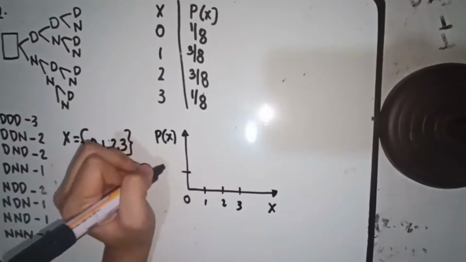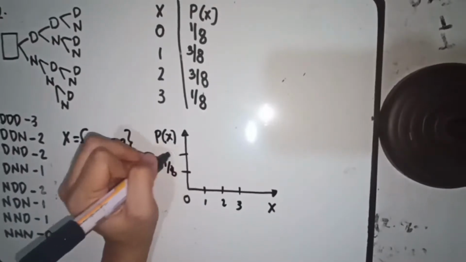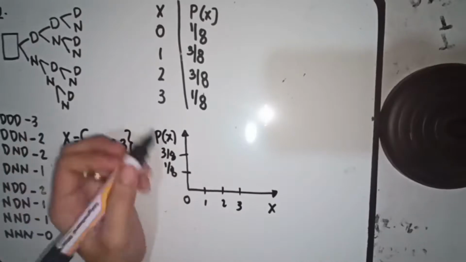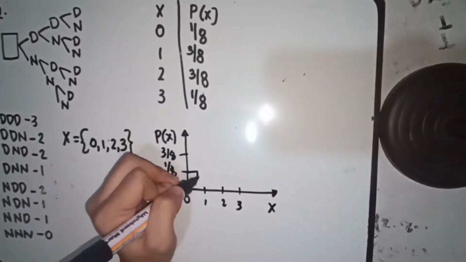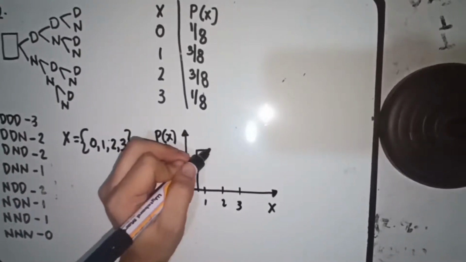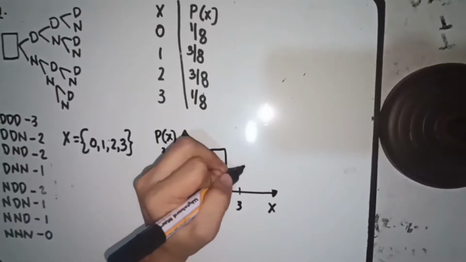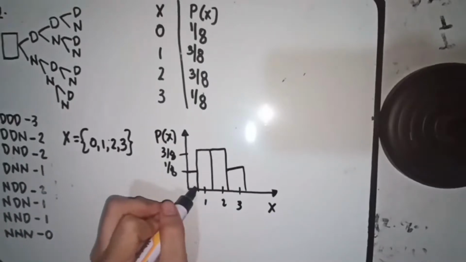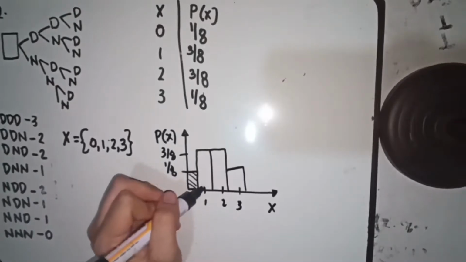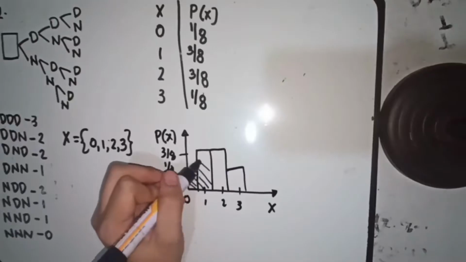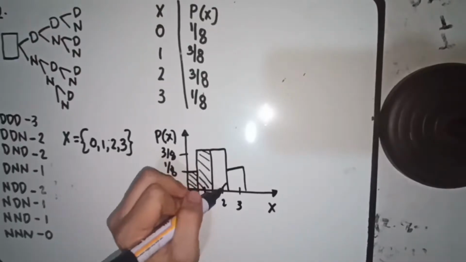For 0, we have 1 over 8. For 1, we have 3 over 8. For 2, we have 3 over 8. And for 3, we have 1 over 8. Then just shade it. It is up to you how you shade it, as long as you shade it there.